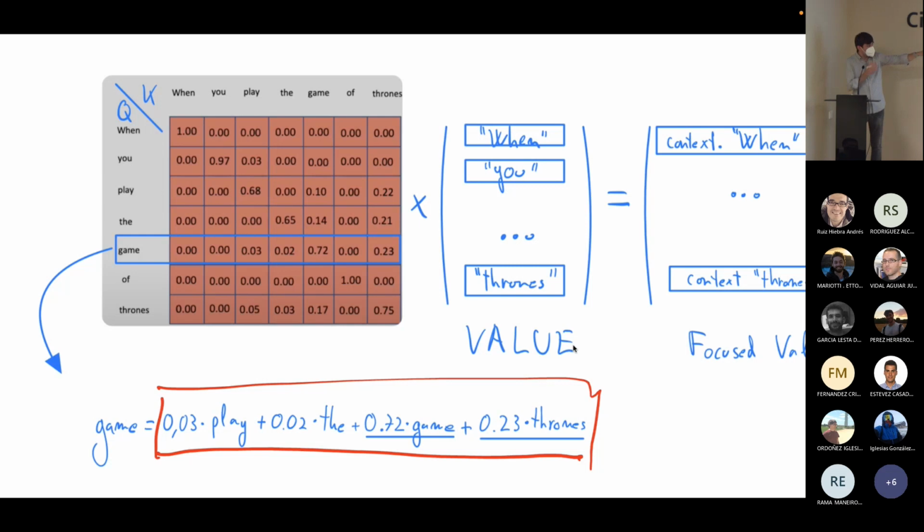So it cannot be 1 in the diagonal because some of the meaning is from Thrones, and it has to sum up to 1 in the row. When you do the average sum here, you get a 1. It is an average sum, so you just move the weight from game to Thrones, and it has to sum up afterwards to 1. That's why it is not a 1 in the diagonal.